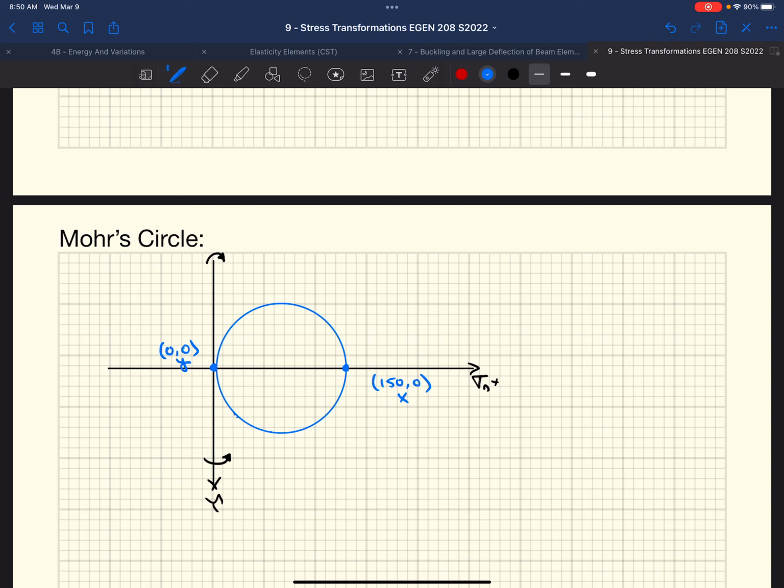So what does this circle mean? That means we have just established what the stresses are at any given orientation of that block. Somewhere in here is 57 degrees, 2 points across from each other, 57 degrees away from our known points. From that, we can figure out our stresses at 57 degrees, which we'll do on Friday.